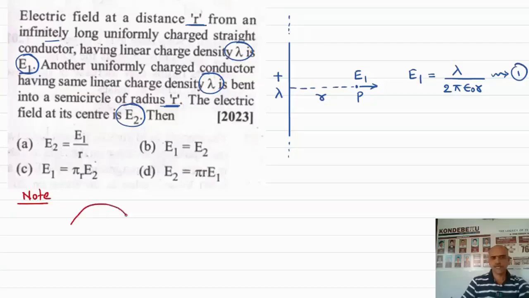Suppose there is a wire bent in the form of an arc having linear charge density lambda, radius r, making an angle theta at the center. So this is the wire, the solid line which I have taken, having linear charge density lambda.